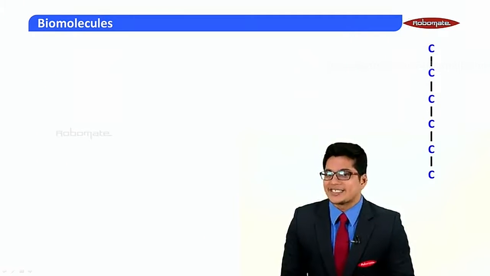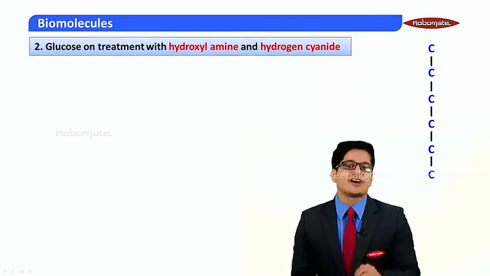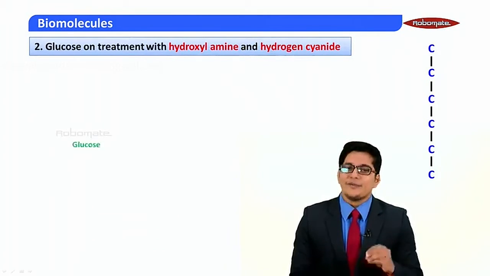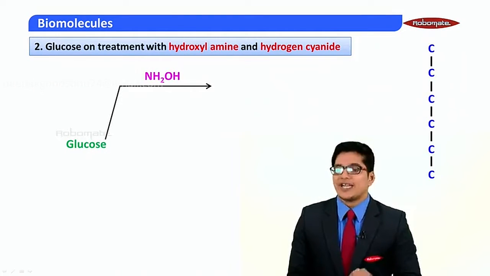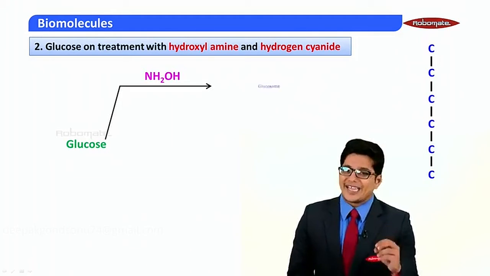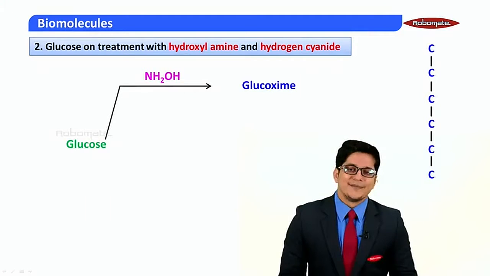The next reaction said that whenever we treated glucose with hydroxylamine and hydrogen cyanide, we got some compounds. Glucose plus hydroxylamine gave the corresponding oxime, called glucoxime.